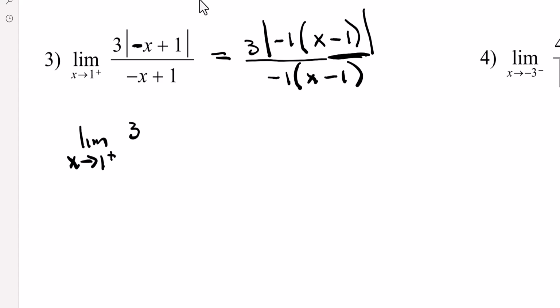We have 3 times the absolute value of x subtract 1 over, 3 divided by negative 1, so there's going to be a negative sign out here. Instead of leaving the negative sign in the denominator, we'll put it in the very front. Let me move this.